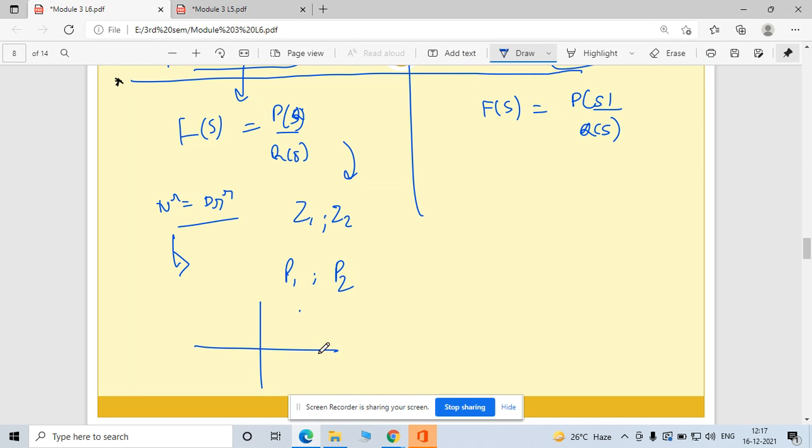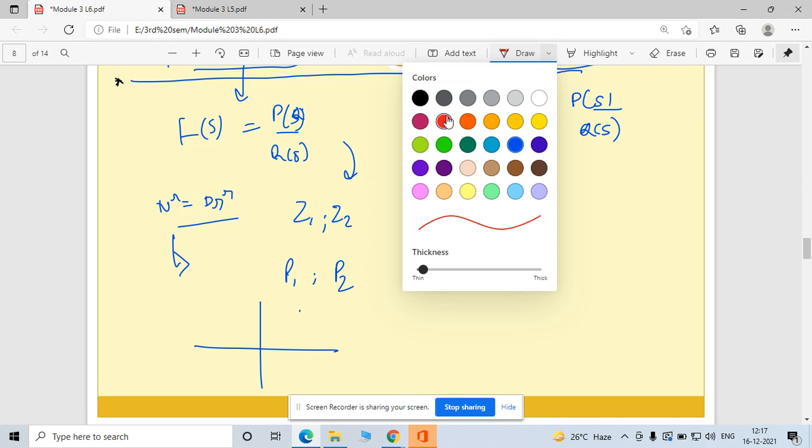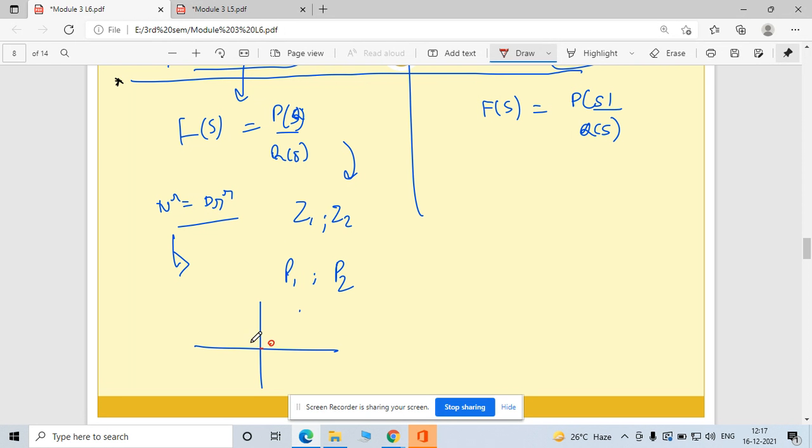So this is a pole zero plot. So accordingly, which is the critical pole, the one nearer to the origin? Observe the critical pole. Suppose this is your pole P1. P1 for this function is your critical pole, and the rest of the terms are this: this is your P2, this is your Z1, and this is your Z2. So accordingly, you have to proceed. P1 is nearer to your origin, so P1 is your critical pole.